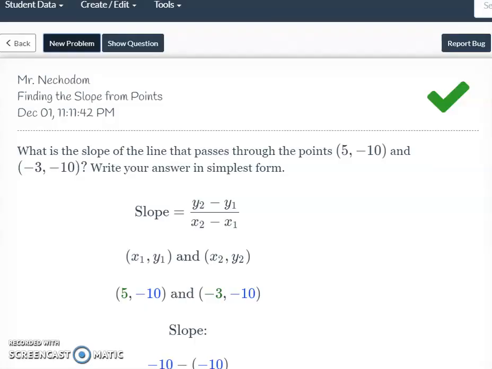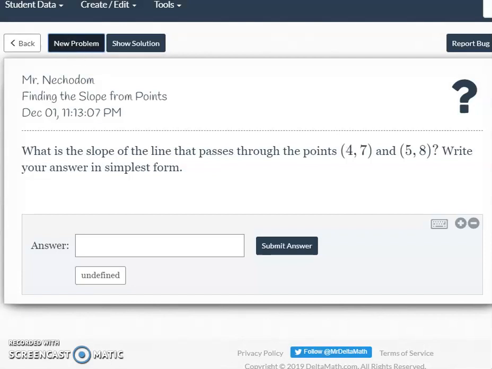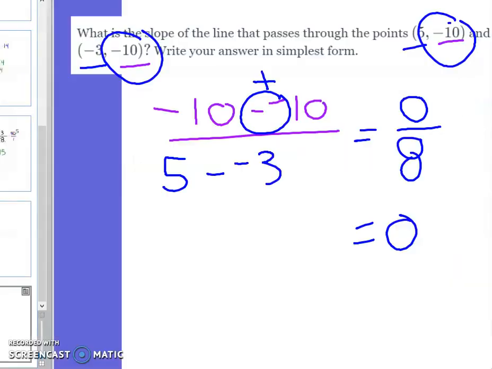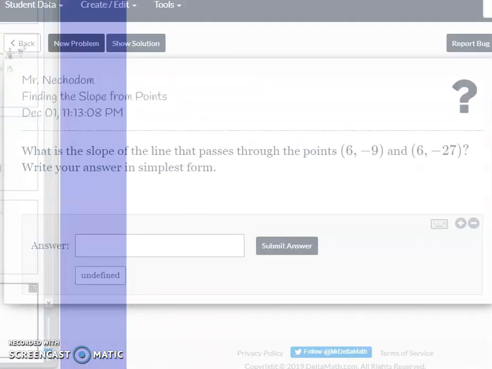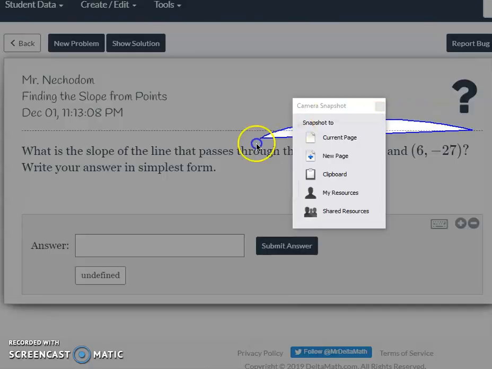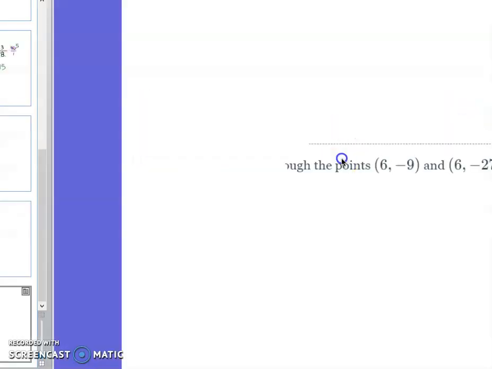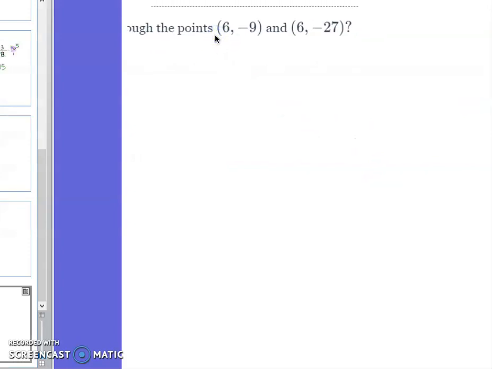Okay. Now let me find one that's going to be even goofier, though. Come on. Of course, I can't find one. There we go. Okay, so let's copy that one. Okay.